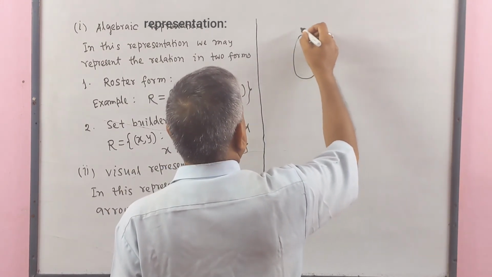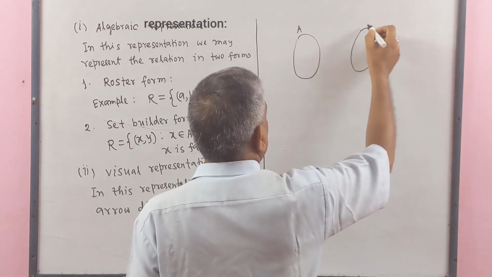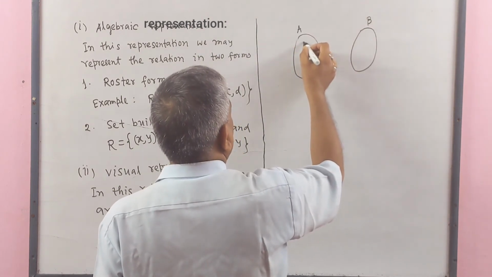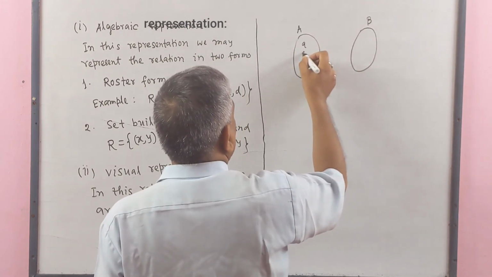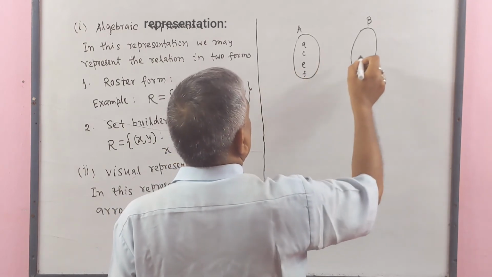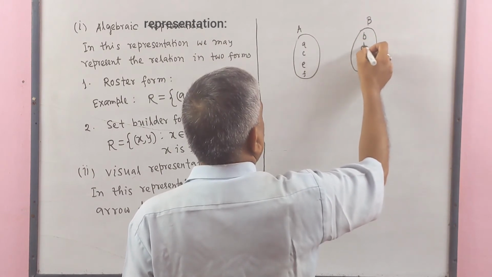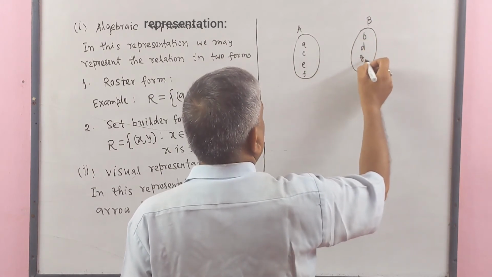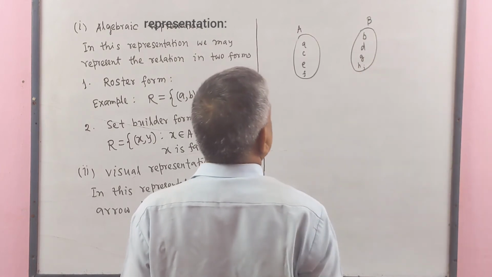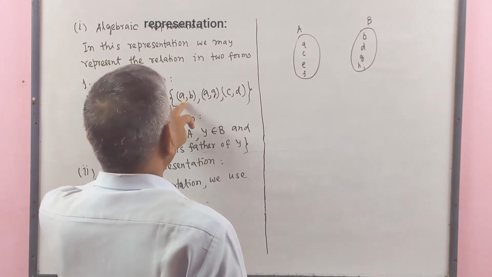This is the set A. This is the set B. Set A contains elements A, C, E, F. Set B contains B, D, G, H, J. Here relation is A is father of B.